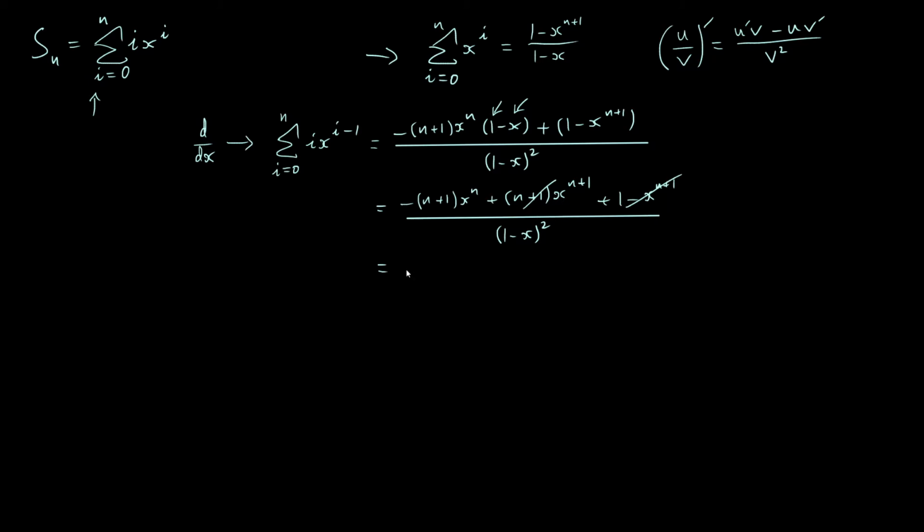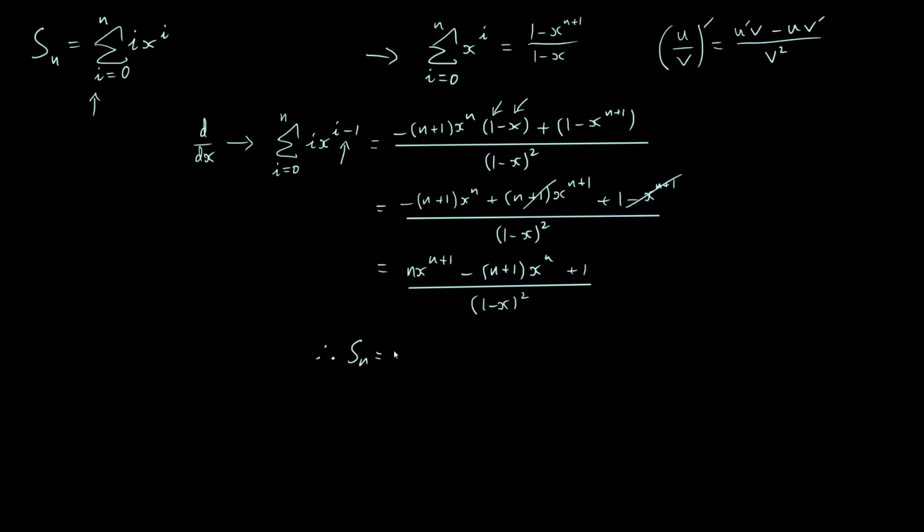Well, from our middle term, we've got nx to the n plus 1, right? Then we subtract off n plus 1, x to the n, and then we add on 1 at the end, and then we still divide everything by 1 minus x squared. And so all we have to do now is multiply up by that missing factor of x, remember, because we have an i minus 1 as our exponent of x here.